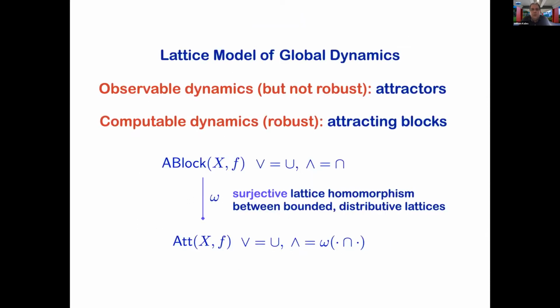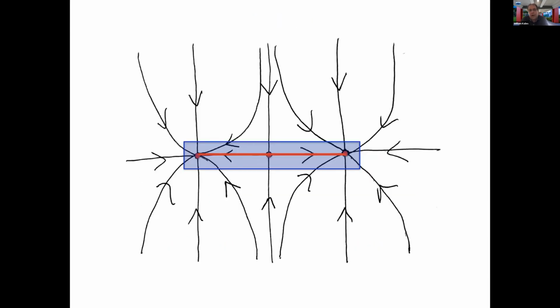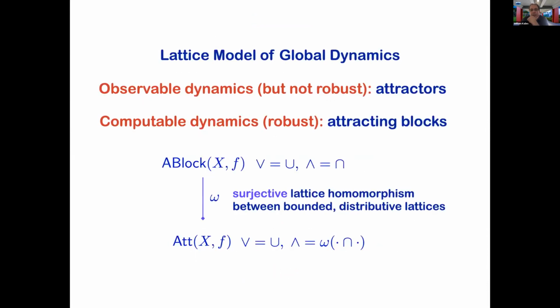And so the idea here is that not only are the attractors going to form a lattice, but the attracting blocks are also going to form a lattice. So we're going to have 2 lattices: the lattice of attracting blocks of F and the lattice of attractors of F. And the way, as Constantine was saying, the way you want to think about this from the point of view of Conley is that the attracting blocks are the things that are robust under perturbation.